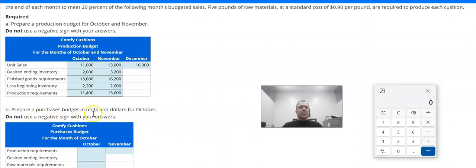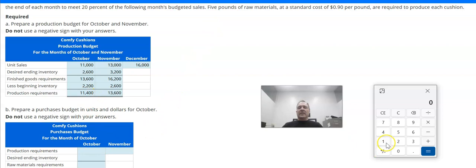Now it says prepare a purchases budget in units and dollars. Production requirements. We have to be careful here, because when we talk about a purchases budget, we're no longer dealing with full units. We're dealing with inputs of raw materials. But we can still get this answer fairly easily.